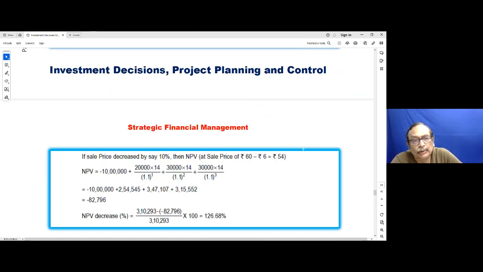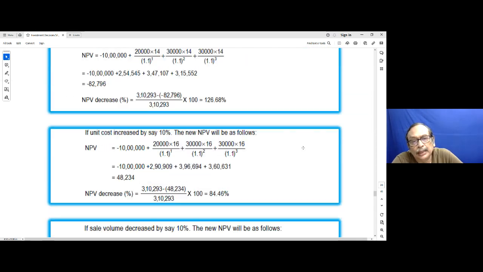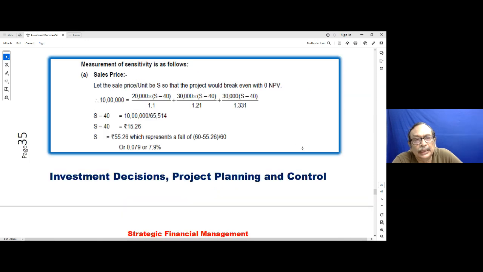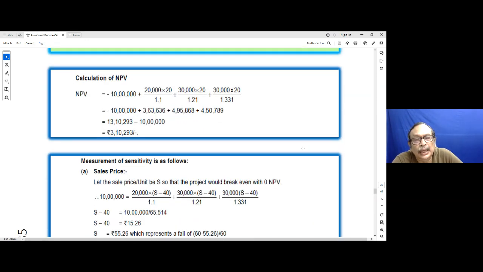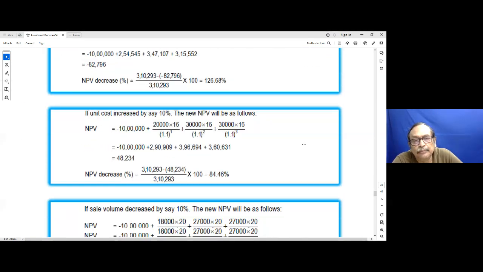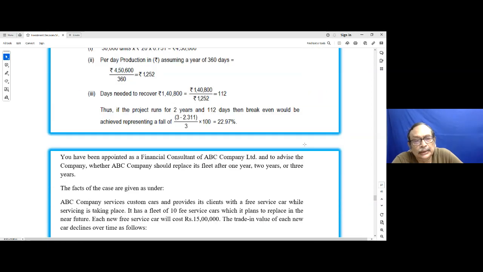So this is said to be the most sensitive part. If due to the 7.9%, the NPV will be decreased, so that is the most sensitive part. So I think you have understood what I mean.